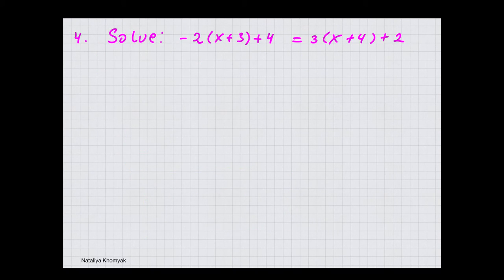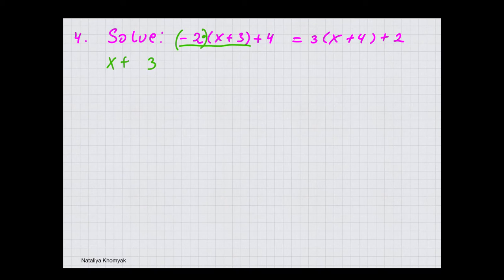In example number 4, we have to solve negative 2 times x plus 3, plus 4 equals 3 times x plus 4, plus 2. The first thing I notice is that we have to do some distribution here. So the inside of the parentheses was x plus 3.